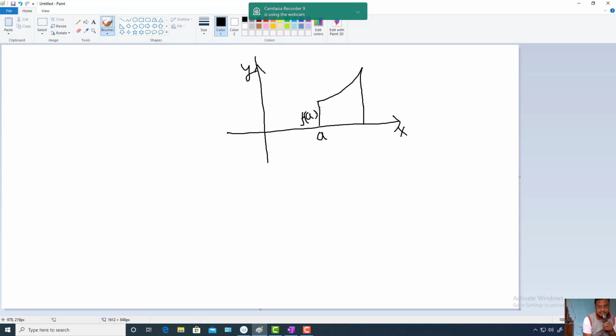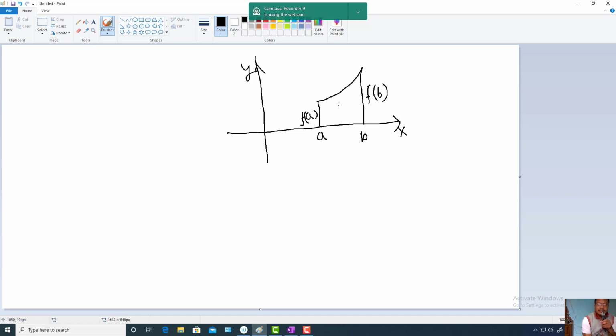F of a is called the ordinate at the point a. Here this is b, and the value of the function at b is this much height. From here to here it is this much height. So we call this the ordinate at the point b, f of b.